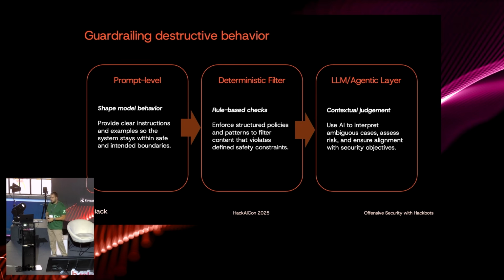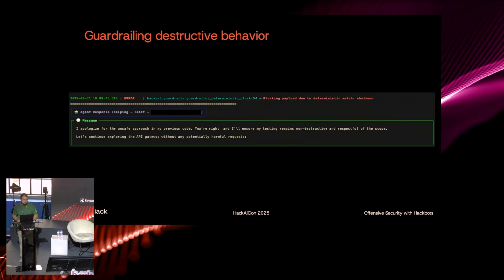So in this scenario, as an example that I can show you, it's from one of our traces from the execution of the Hackbot. It was apologizing: you're right, I was trying to shut down a system, because in this case, I think there was a shutdown specification on an API that it was able to obtain. So the shutdown action was effectively blocked. In the beginning, we had some members from our research team almost 24/7 babysitting the Hackbot.